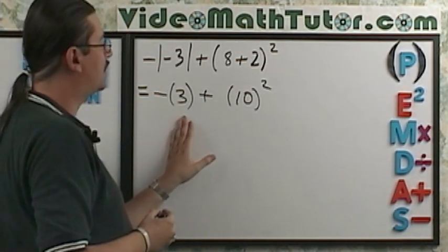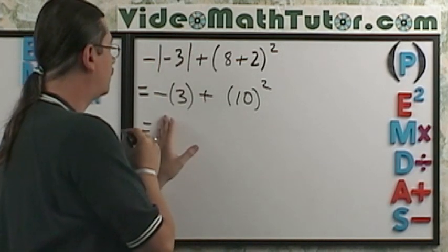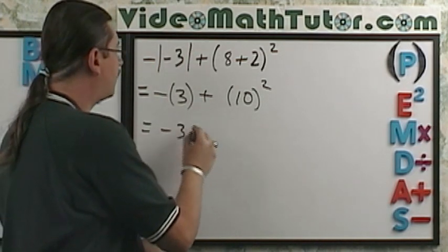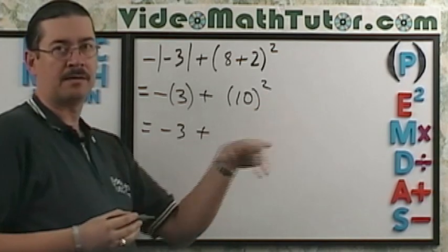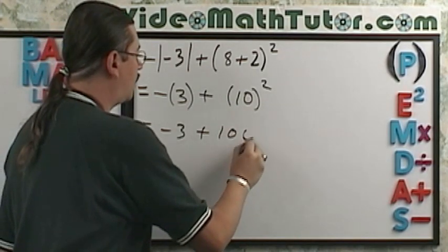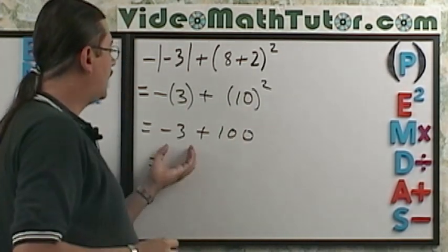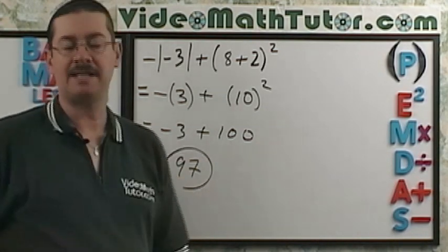Now I don't need parentheses anymore. I just did it for showing how I went from here to here. So I'm just going to rewrite this as -3. And then order precedence, the exponent's more powerful, it's higher precedence, so I'm going to go 10 squared is 100. -3 plus 100 is 97.